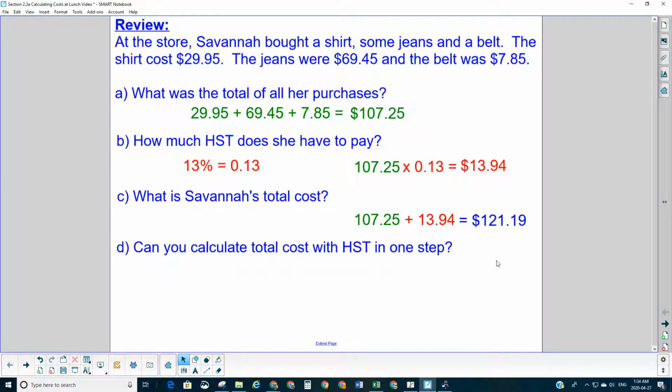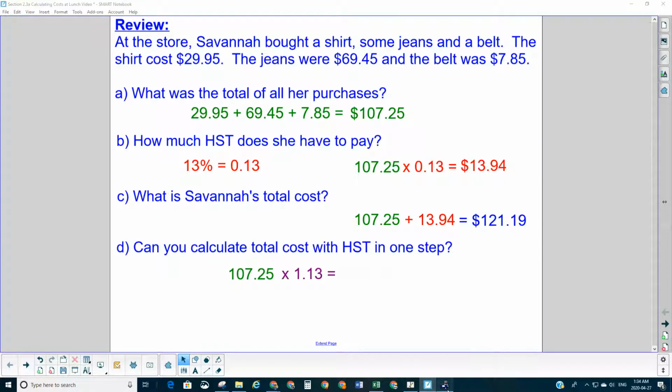Now, if you recall, when we were calculating HST in the other two sections of this chapter, we were doing it in one step. And that's because when you're doing HST, you can add in that 100% cost right away. So instead of multiplying by 0.13 and getting the cost and adding it, you can multiply everything by 1.13.